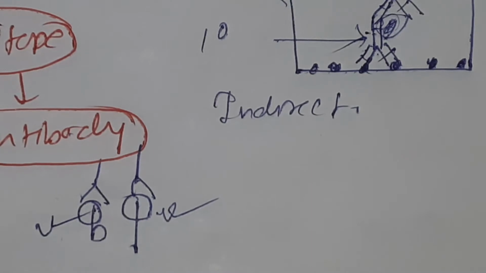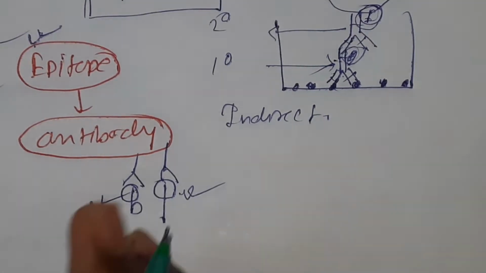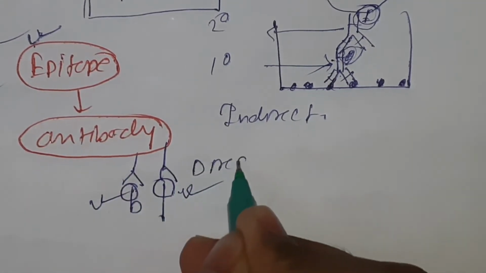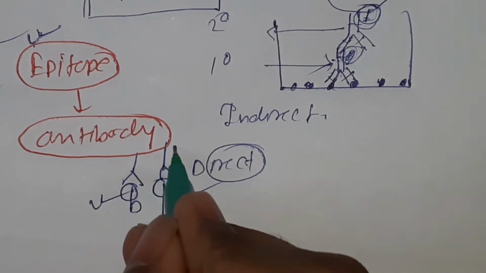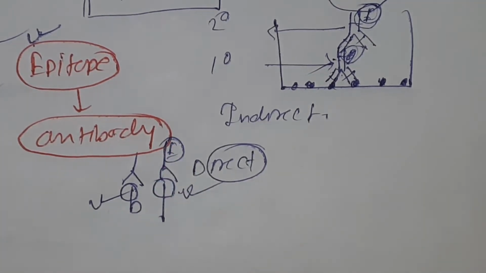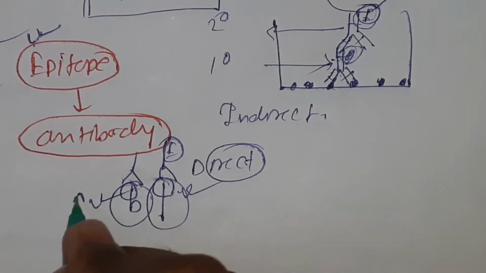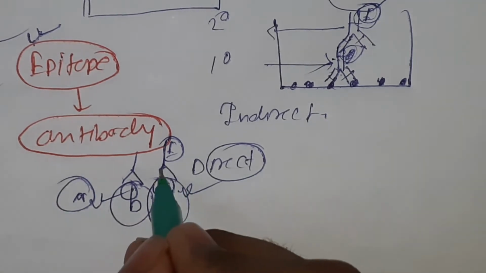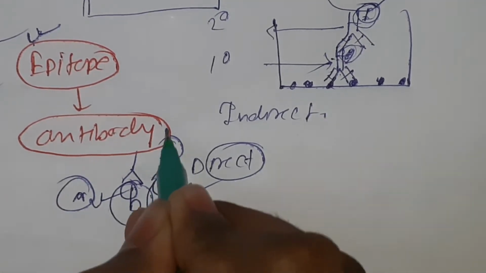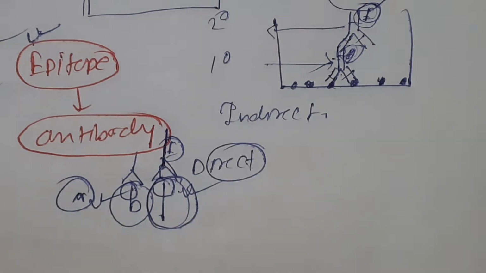So in that case, if we use direct ELISA with only one primary antibody which is enzyme linked, we are not going to distinguish our desired antigen. Suppose our desired antigen is B, but the primary antibody also shows a result regarding L.